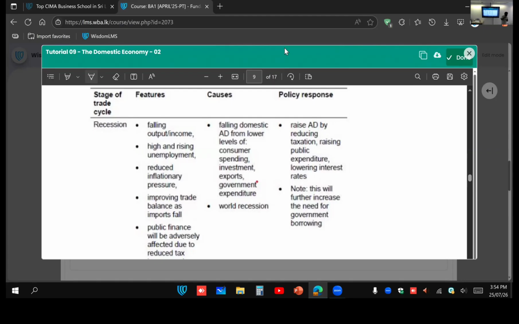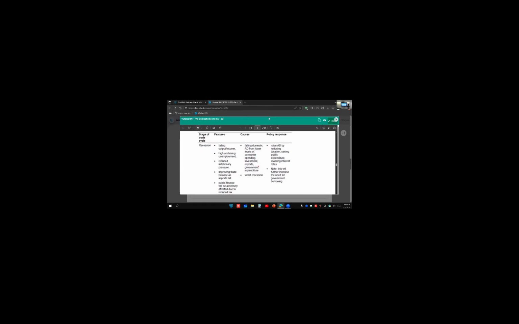Prices of the goods increase, which is inflationary pressure. Improving trade balances as imports fall. So for the past 70 years, we didn't have a trade balance, right? Balance of payments. Why? We were importing and importing. So when all the imports were restricted, our balance of payments became very narrow, right?